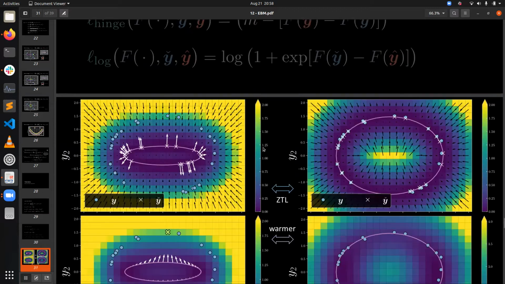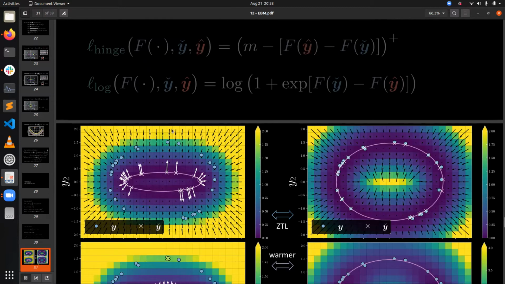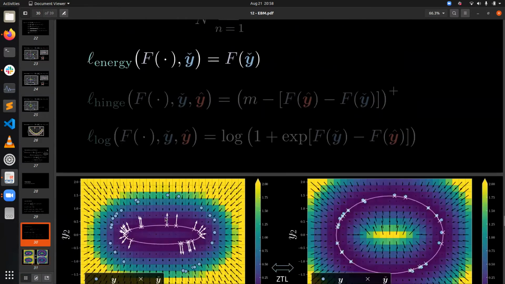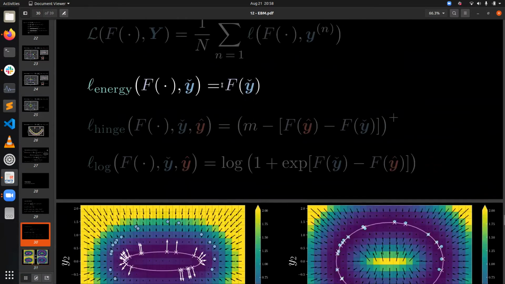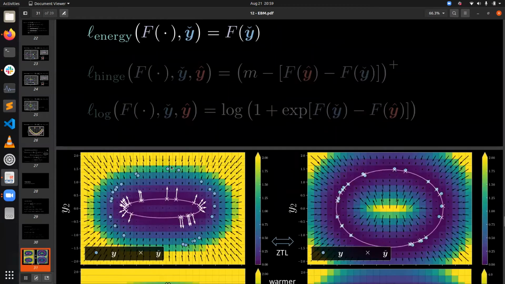The way you do it is, you take a particular y, and then you apply the loss that we just saw. Here the loss is simply the free energy at that y, right? So what is the free energy at this particular y? Here the free energy considered is the zero temperature loss. We have already seen that, right?